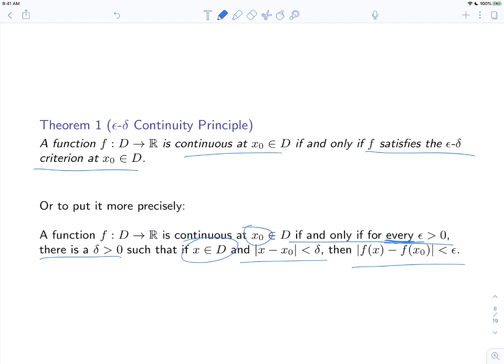So this is a characterization of continuity. We defined continuity in terms of converging sequences, but there's another way to think about continuity, in terms of the epsilon delta criterion. So a function is continuous if and only if it satisfies the epsilon delta criterion at that point.